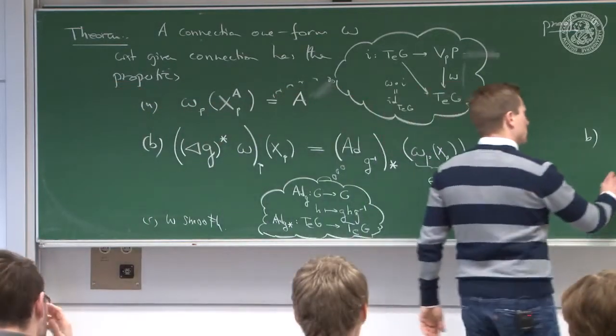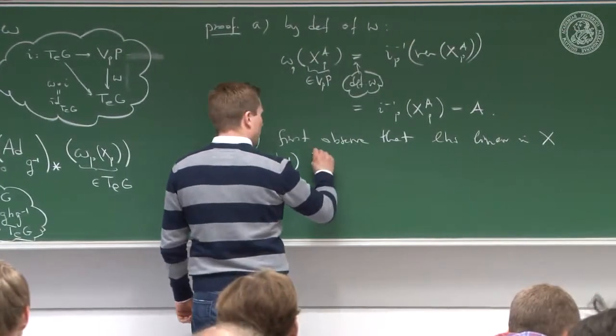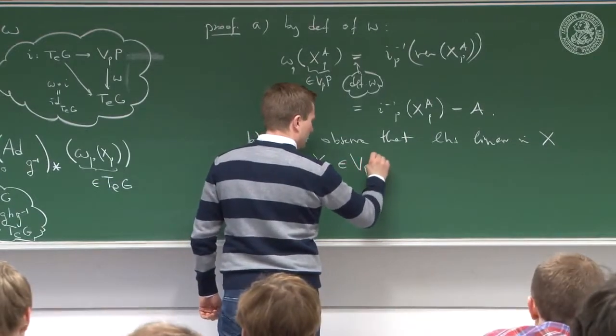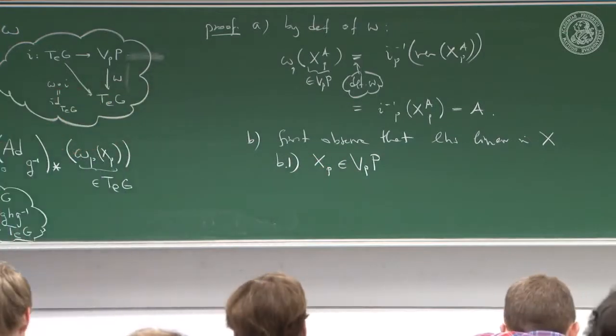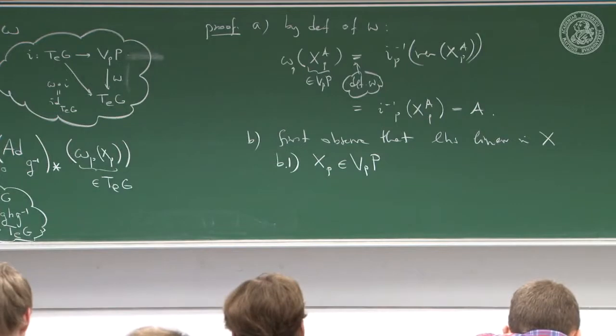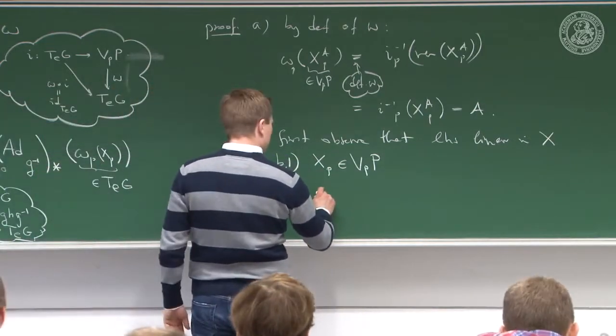Okay, so let's do B1. Let's say xp is in the vertical part, and obviously B2 will be xp is in the horizontal part. Okay, so how do we do this? Well, we start on the left.